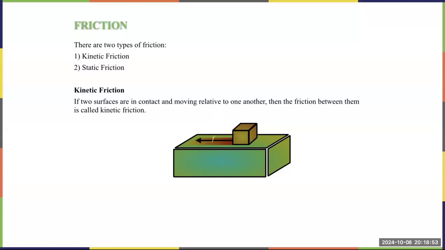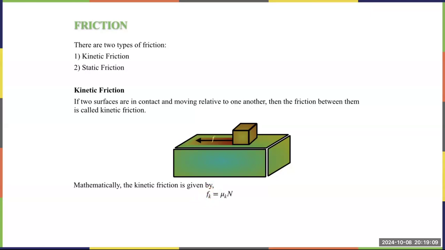And the friction force is always opposite to the direction of the motion.